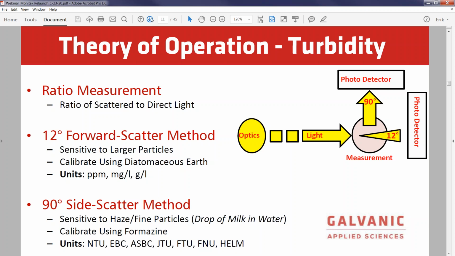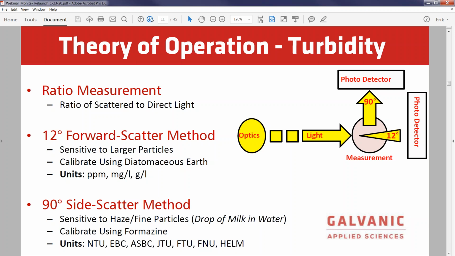And a 90 degrees measurement, what kicks it off for me when I look at an application data sheet is if they say we want to do a measurement and the units of measurement are NTUs or FTUs. That's always 90 degrees. So if that's the case, we wouldn't sell them a 12-degree system and calibrate it that way. We would do a 90-degree, which is what's also referred to in the world as a nephelometer. And you know, all these companies are going to have the little handheld Hawk unit or a device like that, and the geometry of that is 90 degrees.